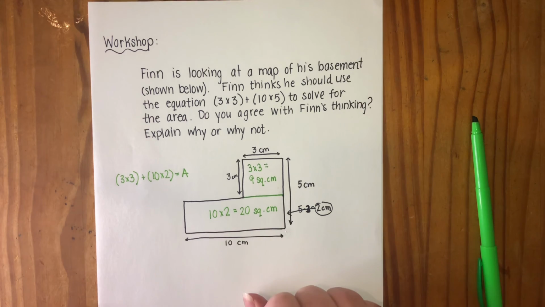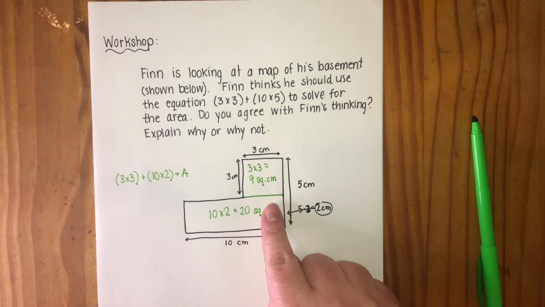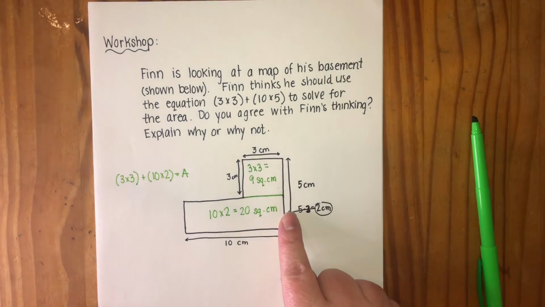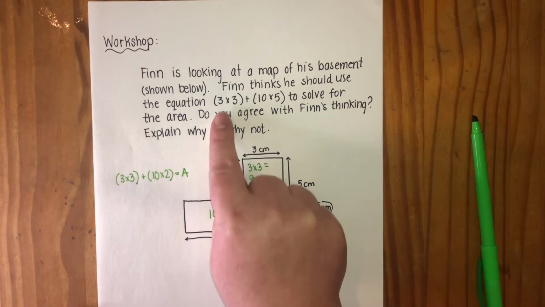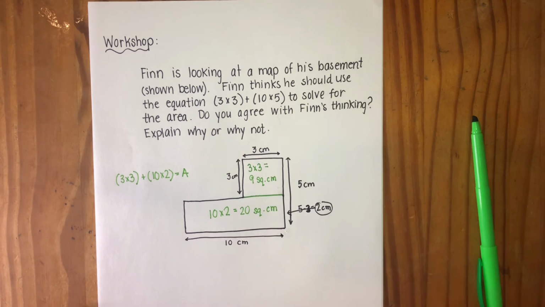Finn needed to use only the part of that side which was included in the bottom rectangle. If he subtracted the part he had, 3, from the whole 5, then Finn would have found that the width of the bottom rectangle is 2 centimeters, not 5. So Finn's thinking is not correct. Great job.